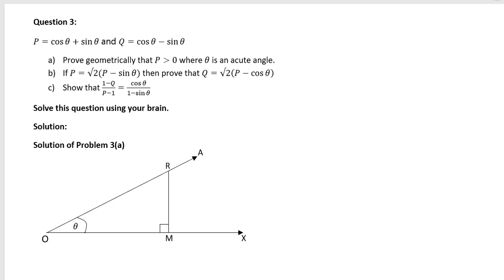So this is our geometric figure, and from this figure we are going to prove that P is greater than 0, that is cos theta plus sin theta is greater than 0 when theta is an acute angle.